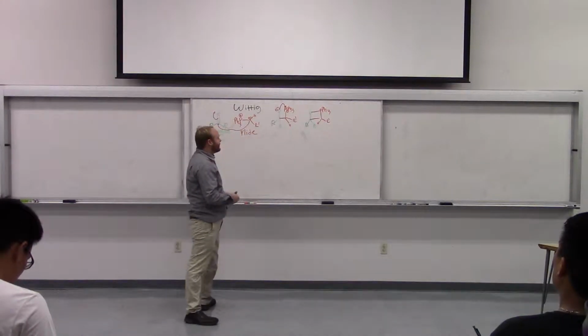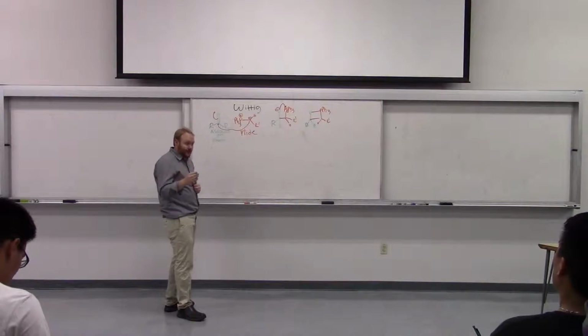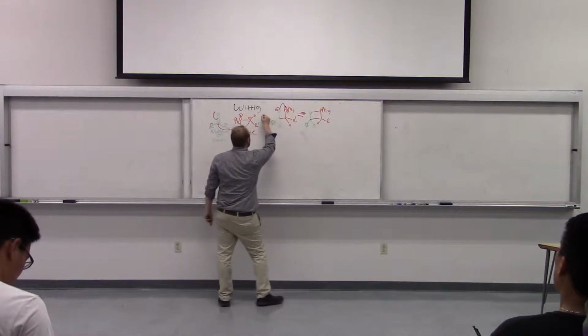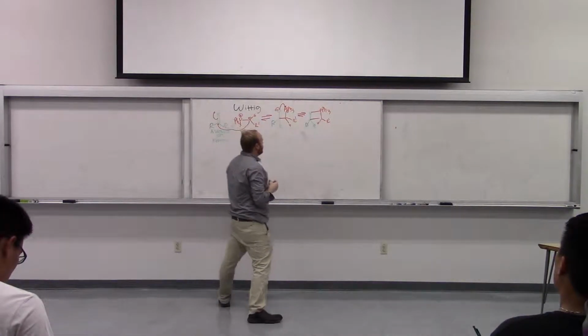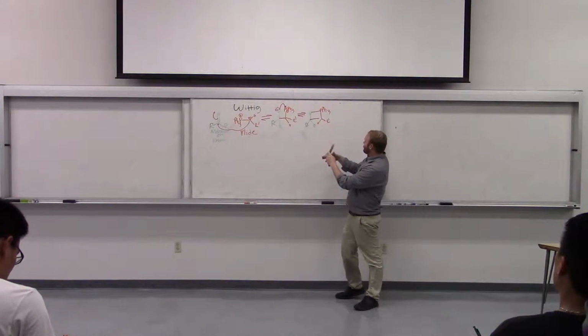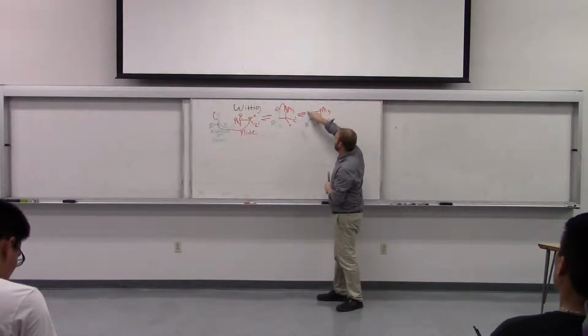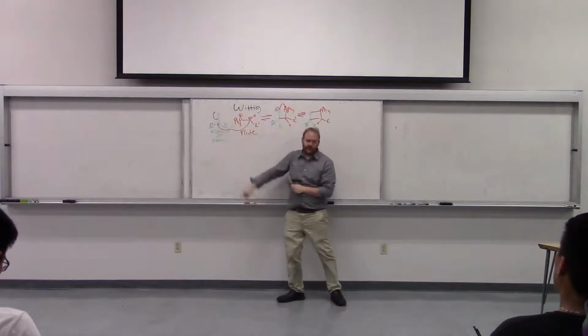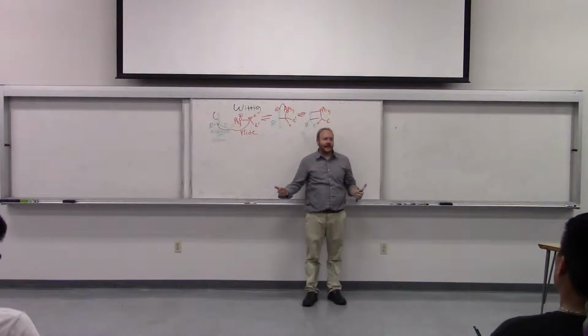And then once we form this, 2 things can happen. The first thing that could happen is these electrons could go back into here to give us this, and then maybe this could fall apart to give us this. Again, macroscopic reversibility.